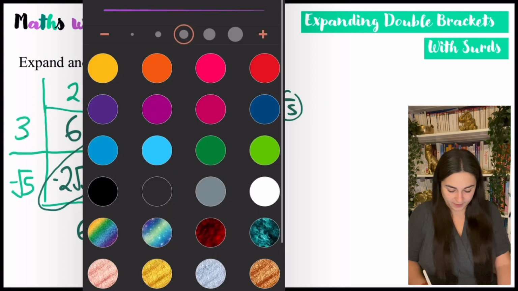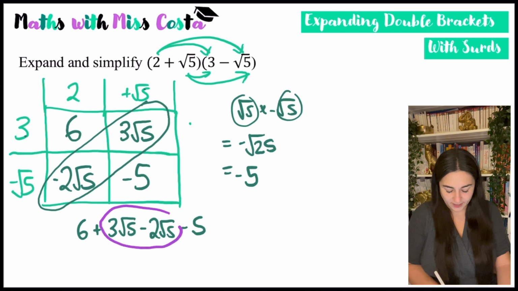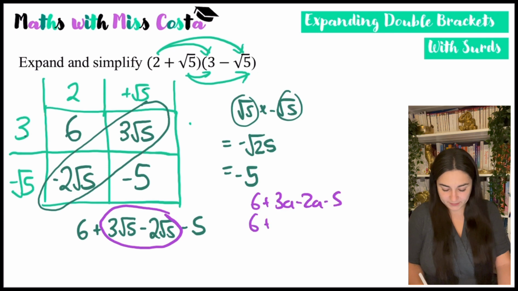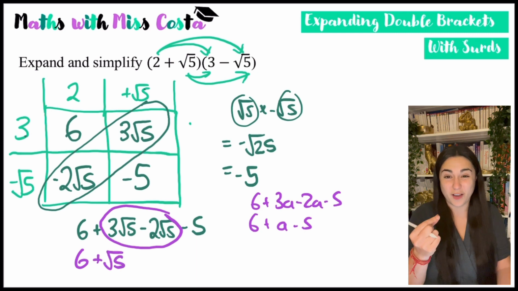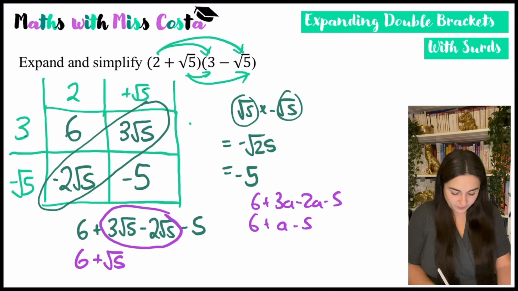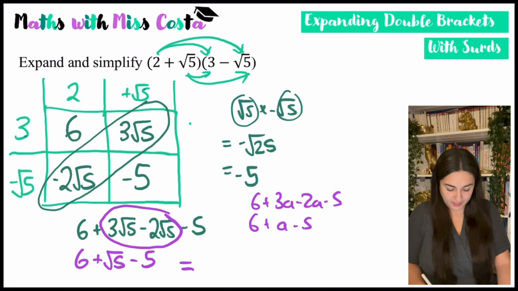And these 2 terms are going to simplify because they are like terms. Just like with algebra, if you got 6 plus 3a, take 2a, take 5, that would become 6 plus a, take 5. Similarly, here, 3 root 5, take 2 root 5 would be a single root 5. Treat the root 5 as like a little bit of algebra. Take 5. And then 6 take 5 is 1. So that would just be 1 plus root 5.